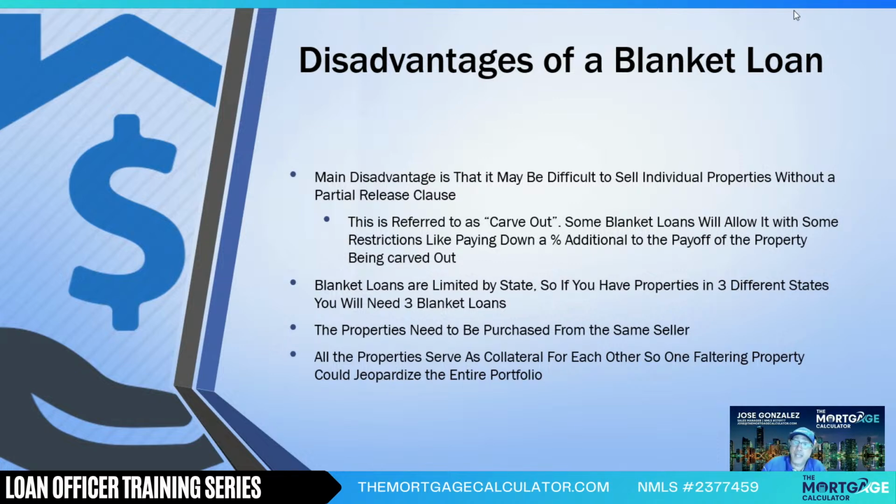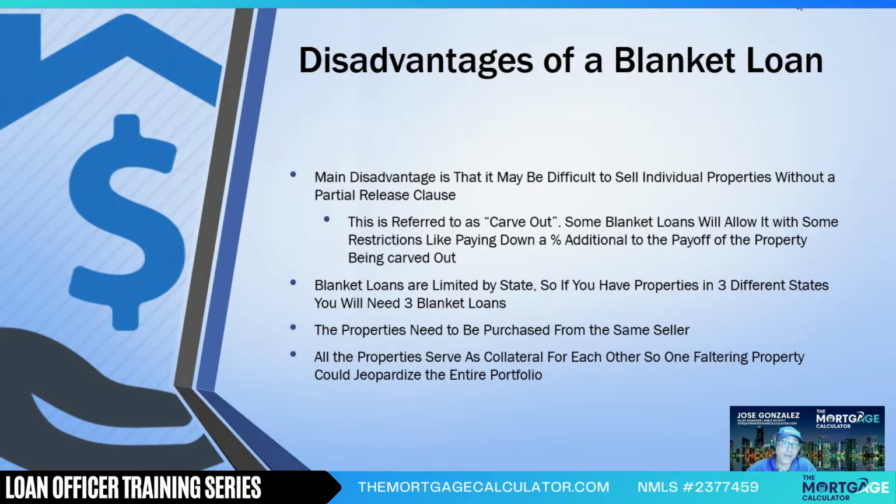The reason being, when you close the loan, it's not 10 closings on 10 properties. It's one loan, one distribution to the seller, right? So you can't have seller A getting 80 grand, seller B getting 40 grand, seller C, and so forth and so on. The seller gets the money on the day of closing. So that's why they all have to be purchased from the same seller.